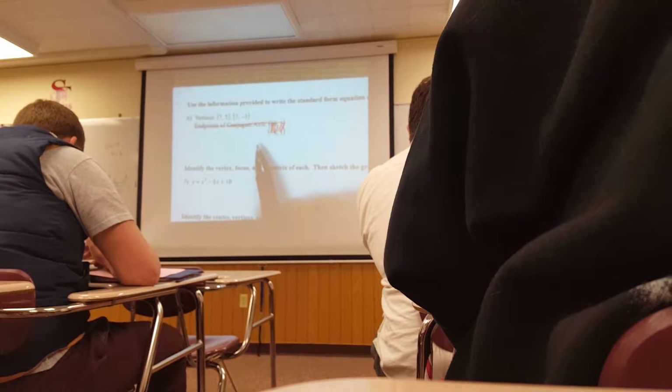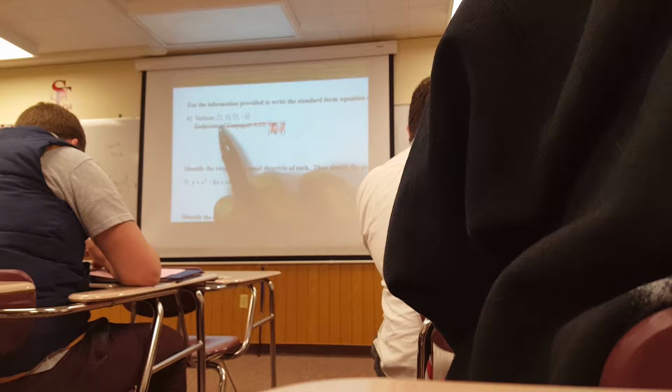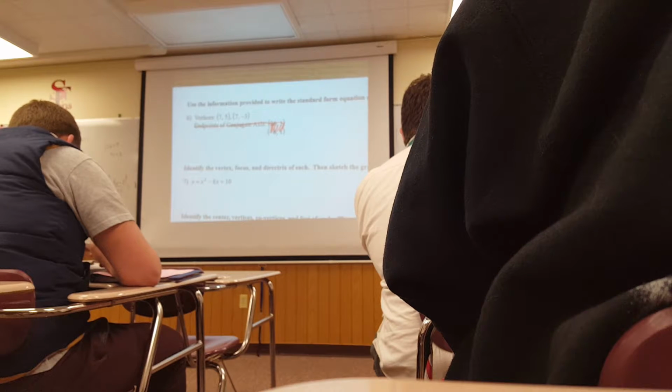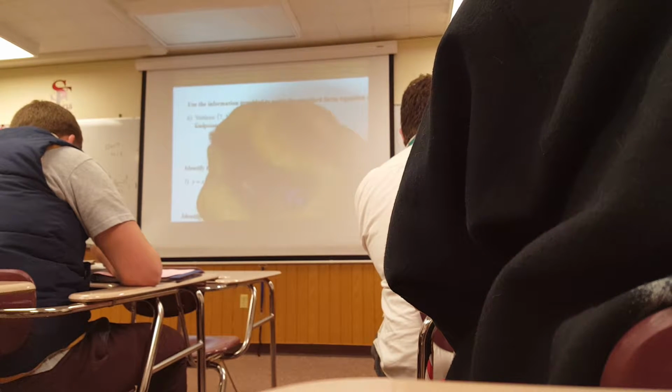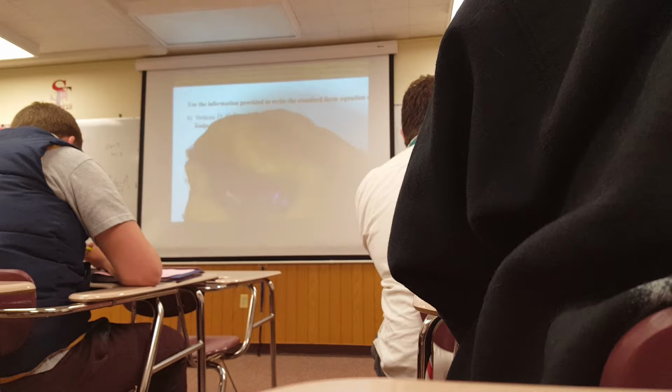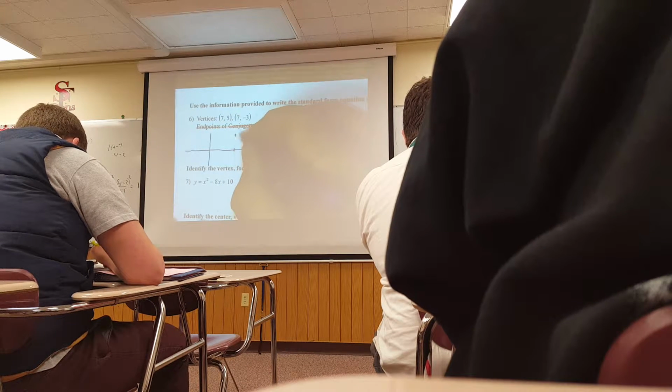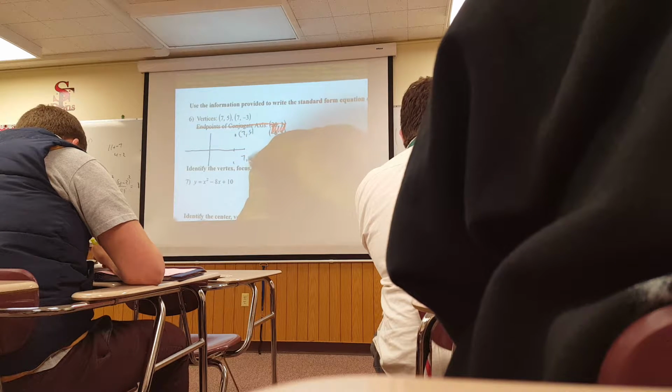All right, now first off, where is the center? This is (7, 5) and (7, −3). Okay? So I'll be over at 7, 5. And down here it's 7, −3.